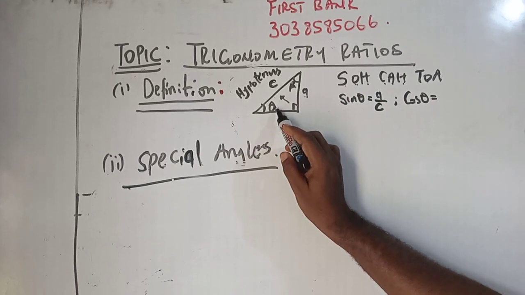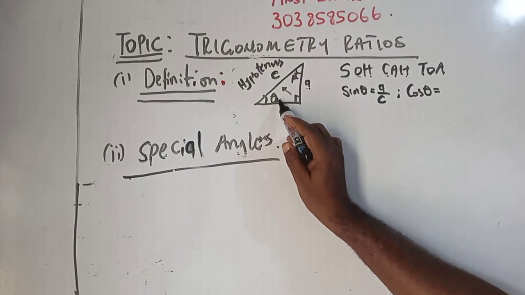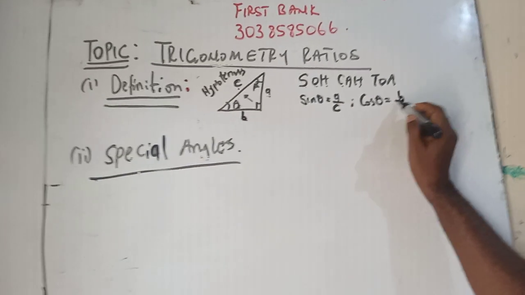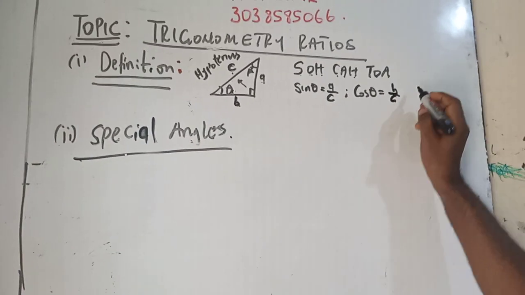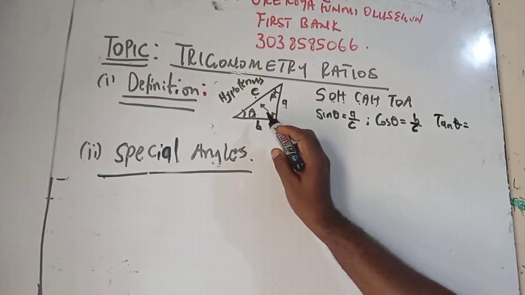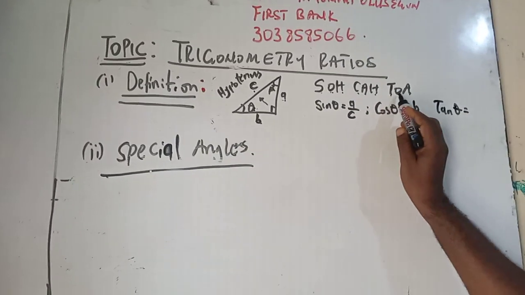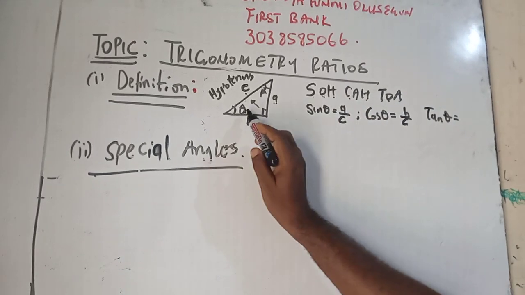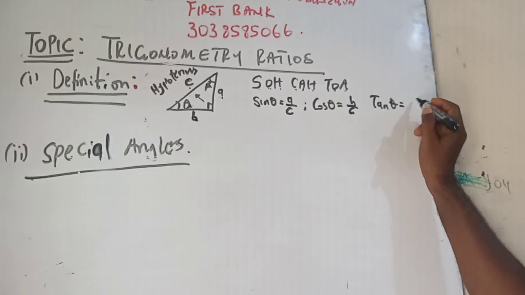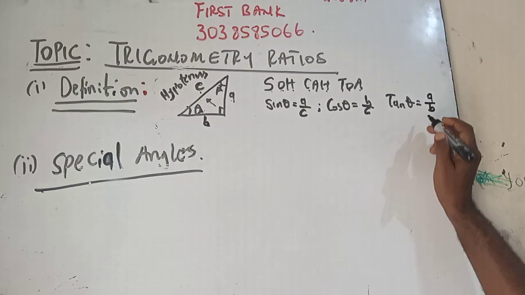This theta, the adjacent is the side that is not facing this theta, which is B over hypotenuse. That's B all over C. And then tan theta, according to SOHCAHTOA, is opposite over adjacent. The opposite of this theta is A and the adjacent is B. That is A all over B.